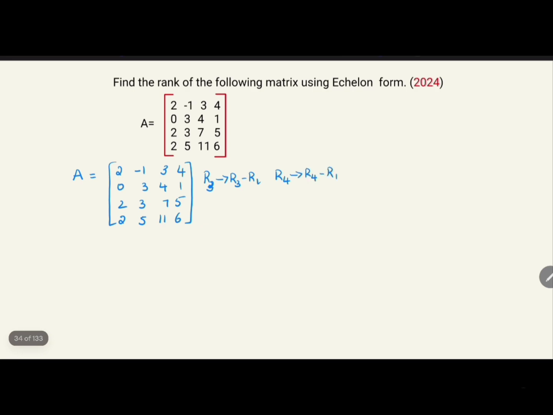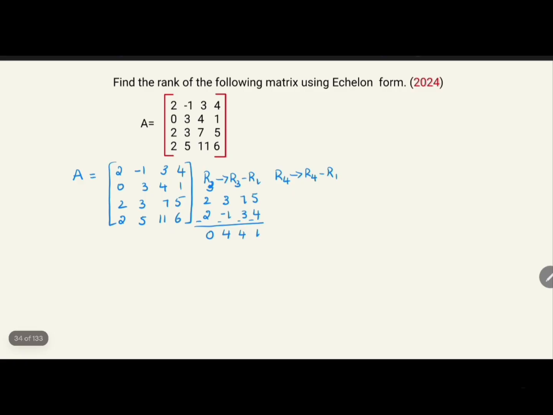So write down R3 first here: 2 3 7 5. What is R1? 2 -1 3 4. So subtract these elements. It is 0, 3 plus 1 is 4, 7 minus 3 is 4, and 5 minus 4 is 1.